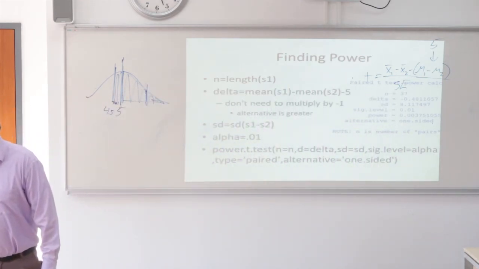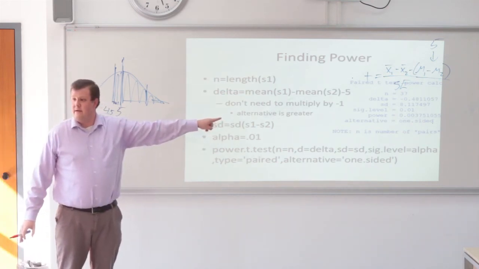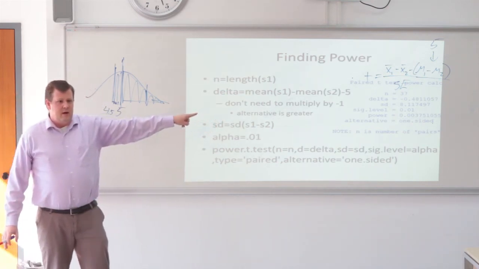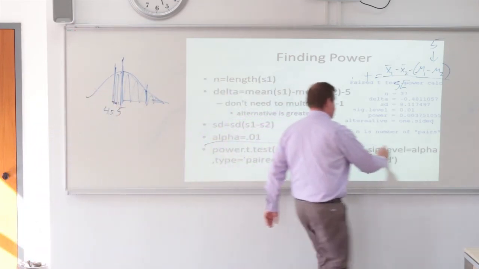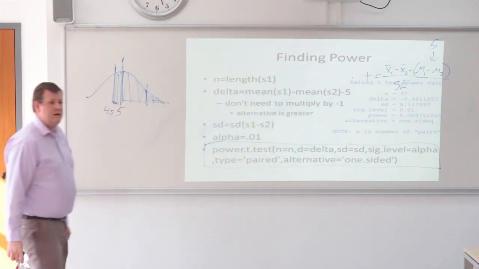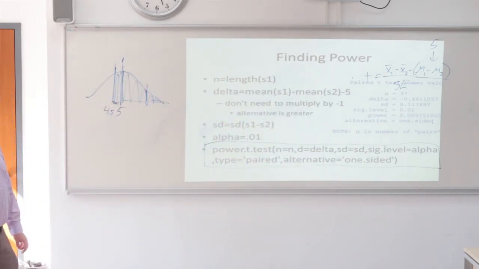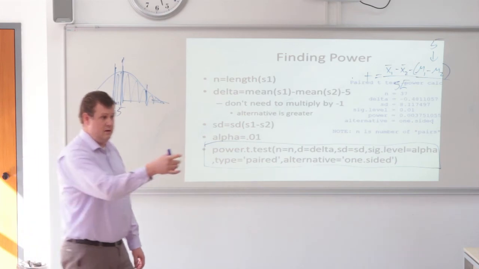Are these the same? You got the same as this, 0.0037? So retype this, make sure that you've got the same thing. You have one-sided? Yeah, thanks for noticing that. Did you get 0.0037 yet? You got it?